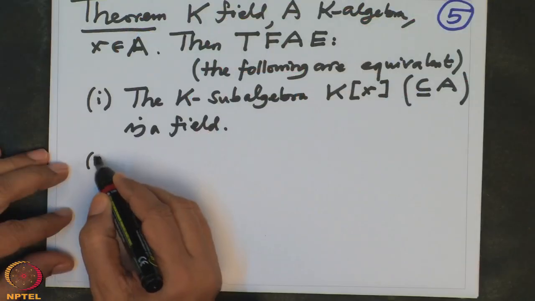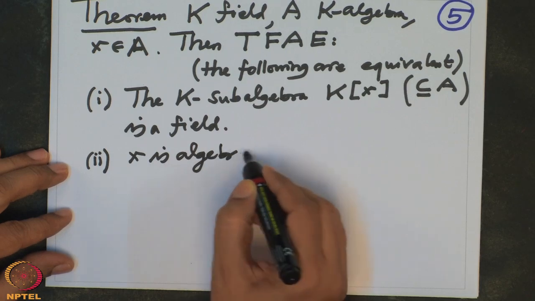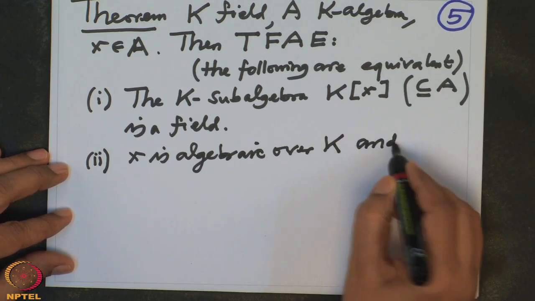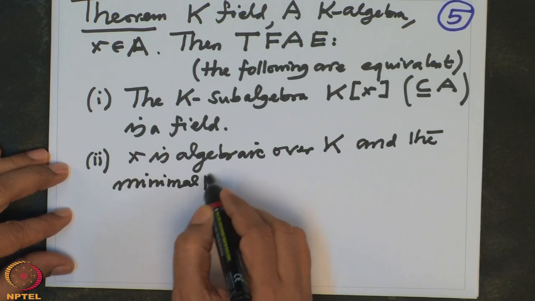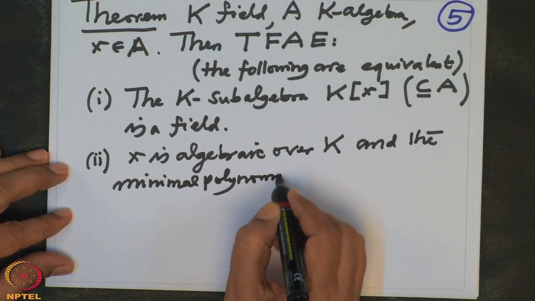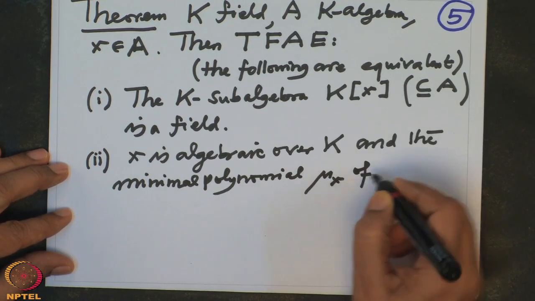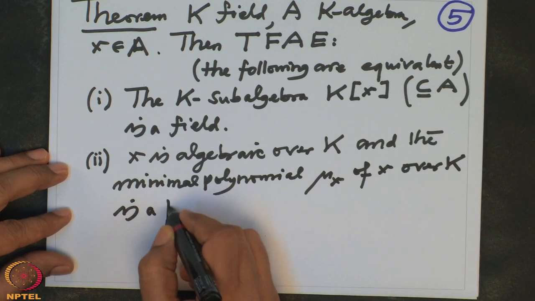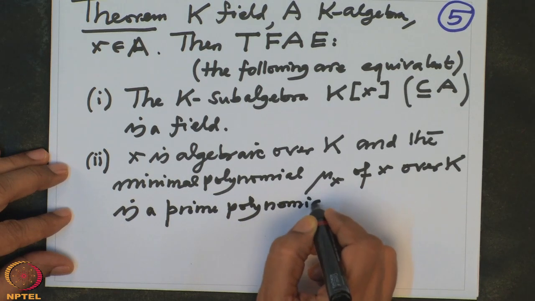And the condition 1 says it is already a field. 2, x is algebraic over K, and the minimal polynomial mu_x of x over K is a prime polynomial in K[X].